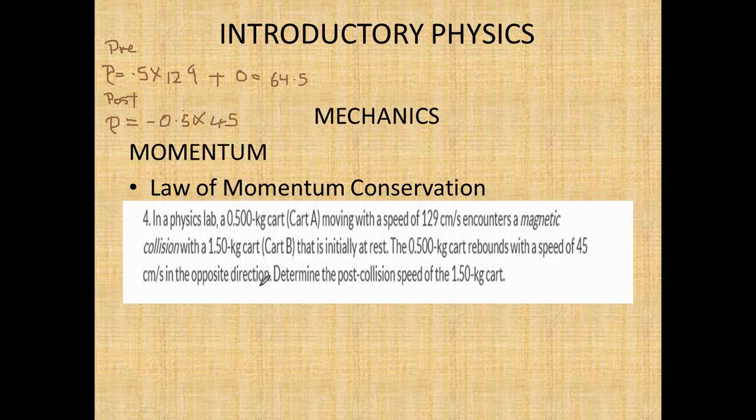Okay, so this is just for the smaller cart. For the bigger cart now, you're going to add to that. This is post-collision momentum. It's the mass of the bigger cart, which is 1.5, times the velocity for the bigger cart.